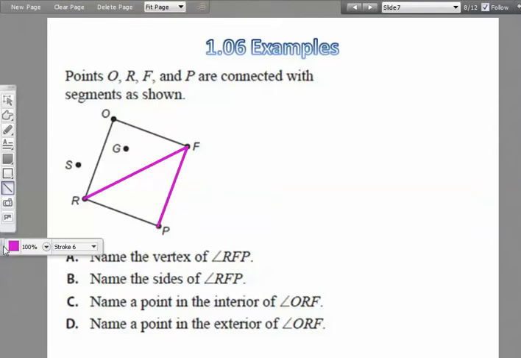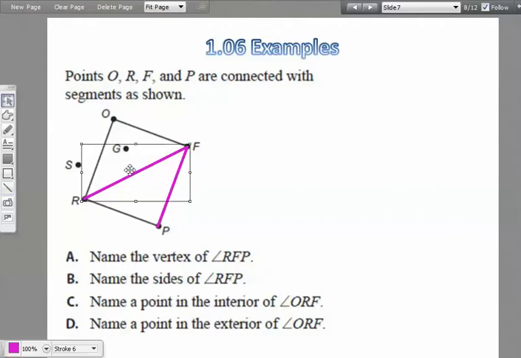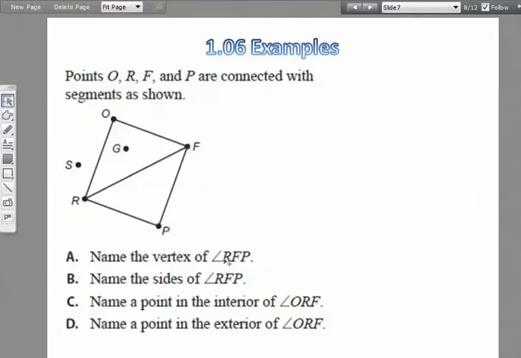So now you can get a visual of the angle and see that F is the vertex. So I'm going to erase those because I'm going to need to use that screen again. I'm going to do something fancy here. I noticed when I loaded this slide I didn't have the answers already on here, so I'm actually going to have to write them. The vertex is F.